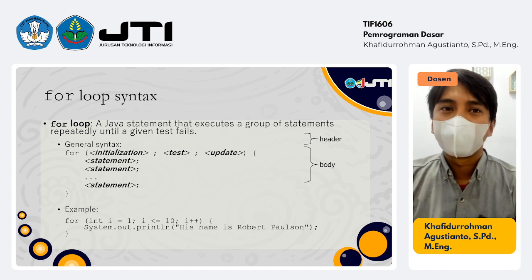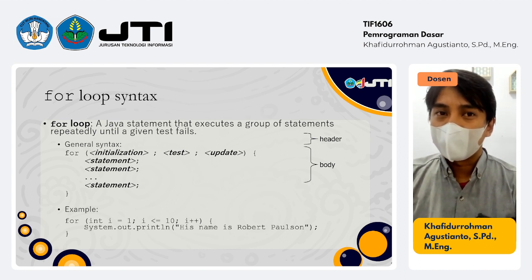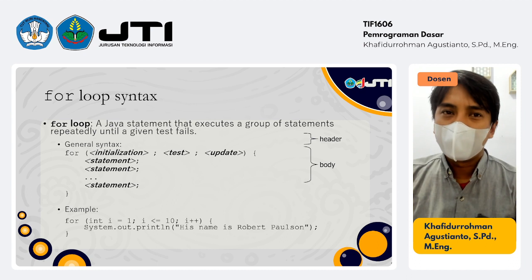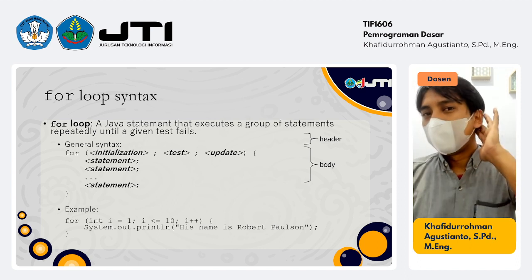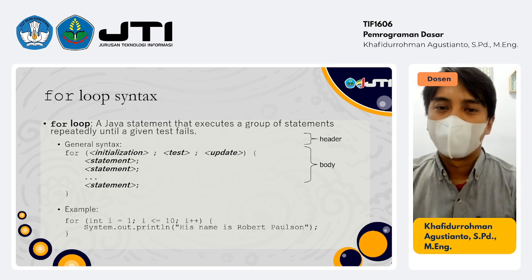For example, for int e = 1; e <= 10; e++, System.out.println("His name is Robert Paulson"). So the output should be "His name is Robert Paulson" 10 times.